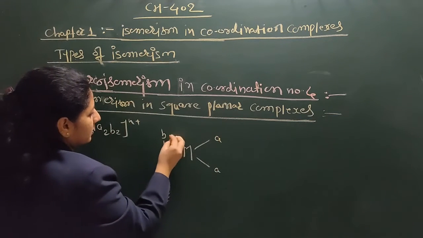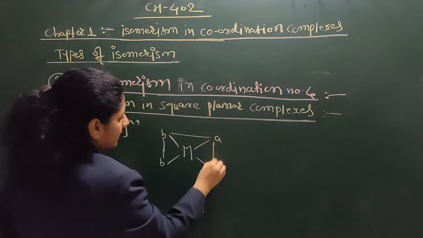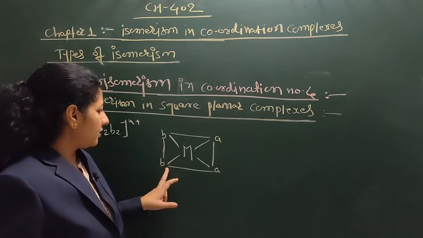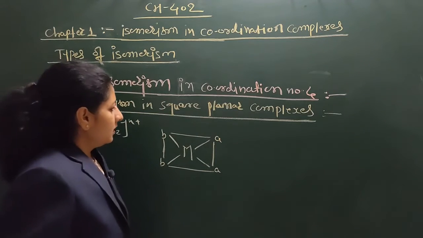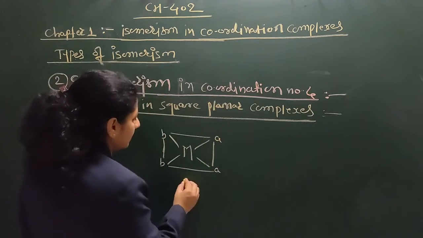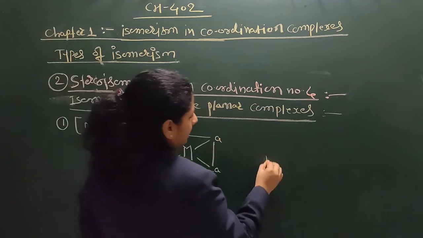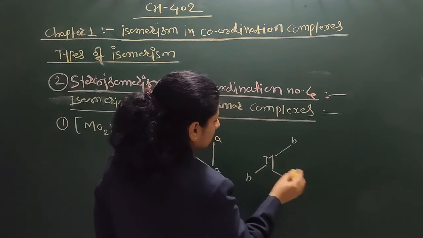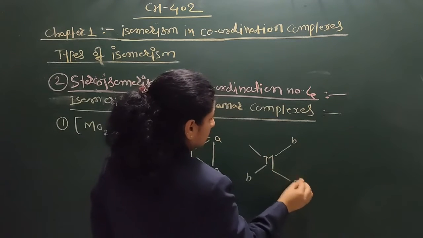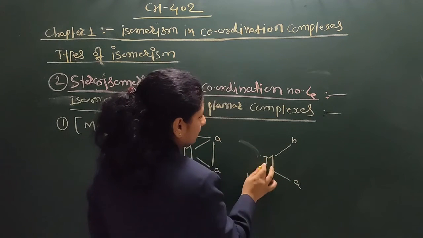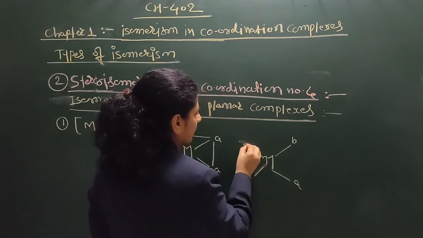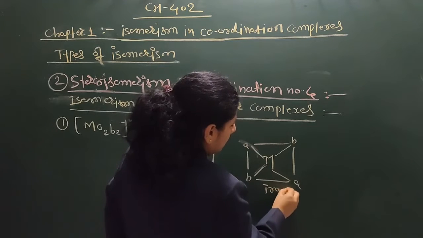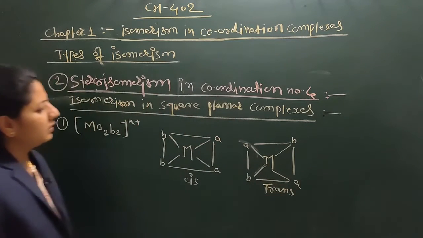AABB. So the structure of this complex is square planar, where AA are on the same side and BB are on the opposite side. So here this is a cis isomer, and here that is a trans isomer.